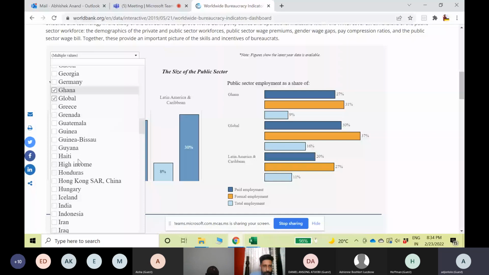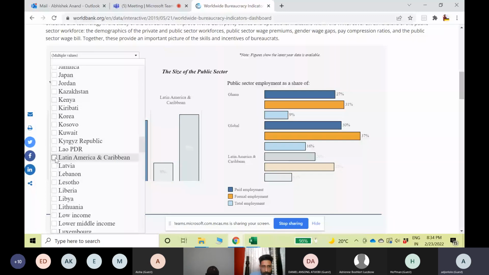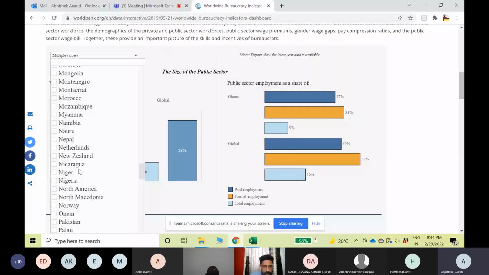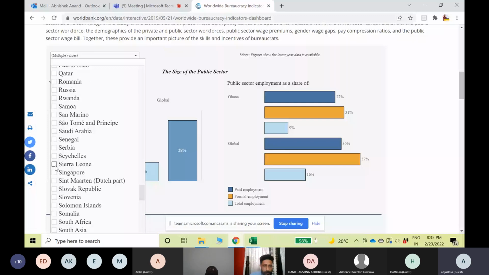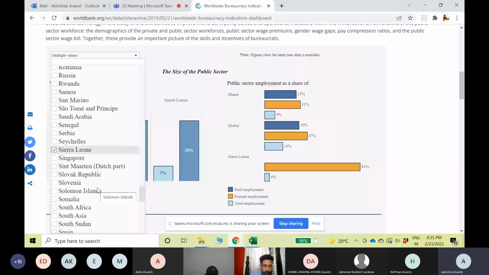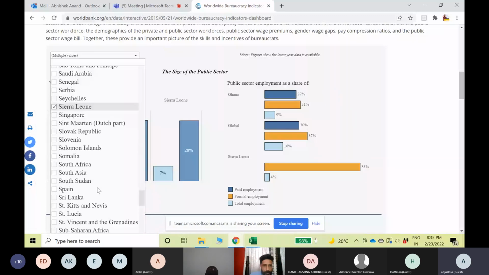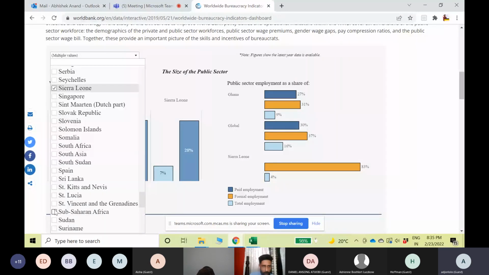Okay, let's do that. So let me untick Latin American, and then we can pick if that country is covered. Yes, so you see that even for Sierra Leone, the data is there. So we click on Sierra Leone. And maybe we can also have, not important, but say, for example, Sub-Saharan African as a group.